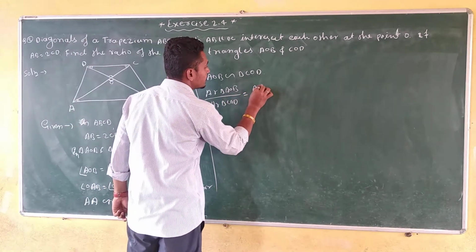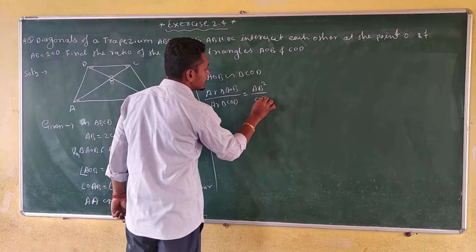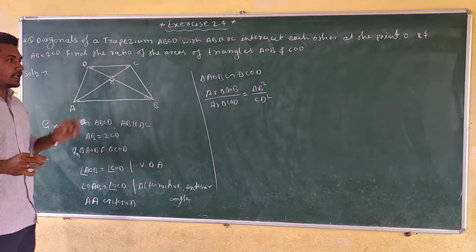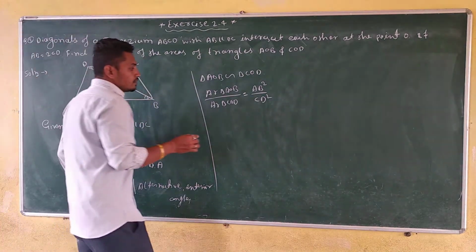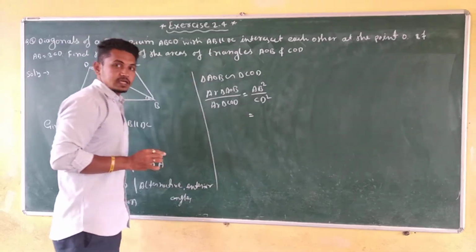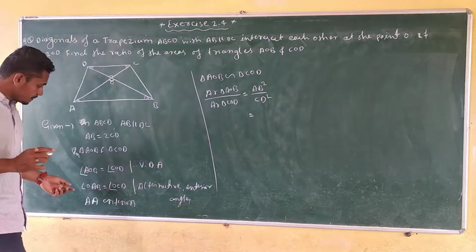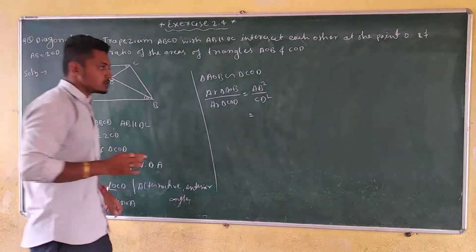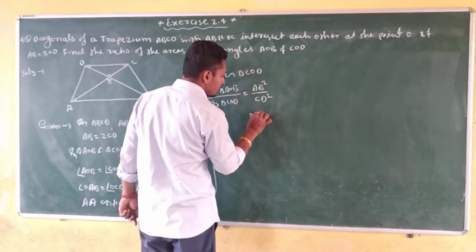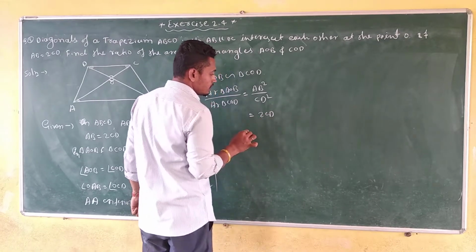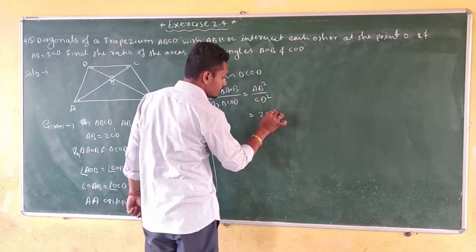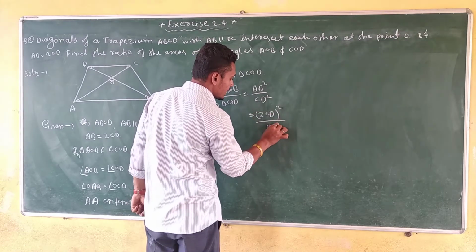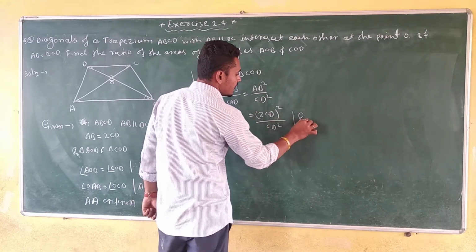The base of COD is CD. Now see here, AB is equal to 2CD, so replace the value of AB here: 2CD squared divided by CD squared. This is the given data.